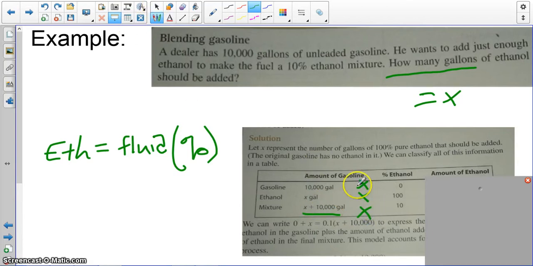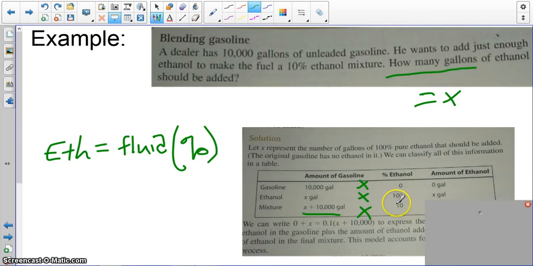These look like x's, which is horrible, but this is multiplication. So 10,000 times 0 is, drum roll please, 0. x times 100% ethanol, well, not 100x. This is in percent, so 1.00 times x is x.